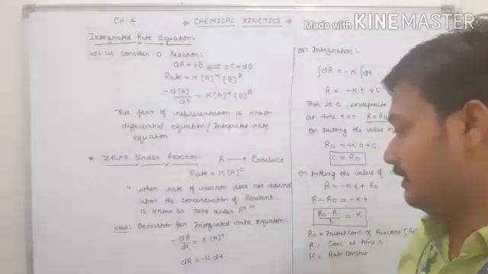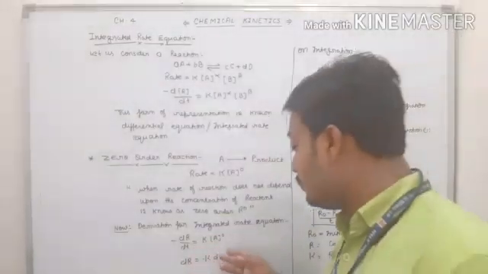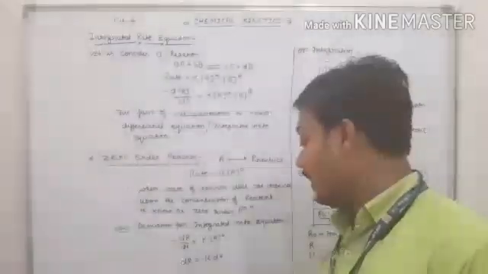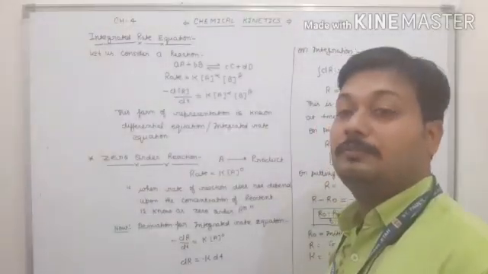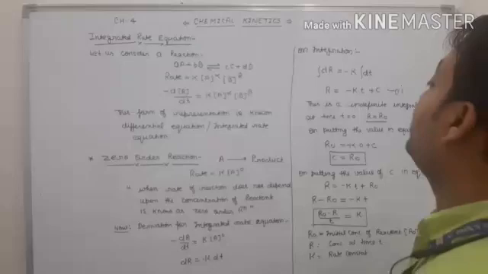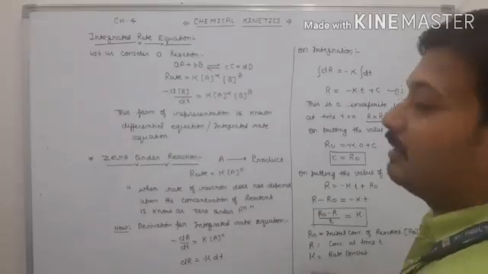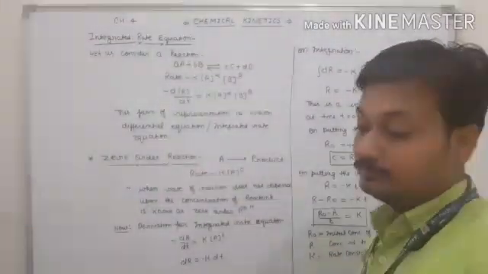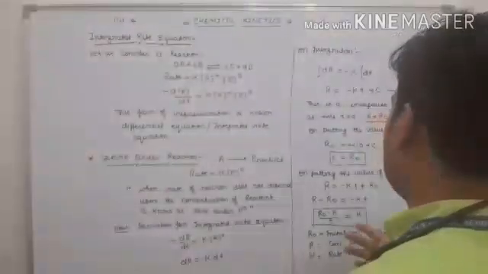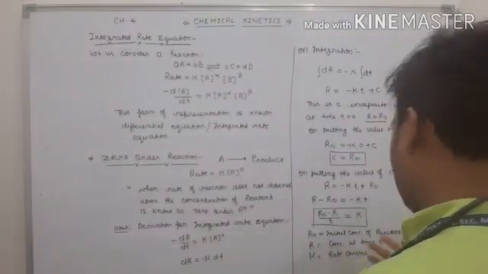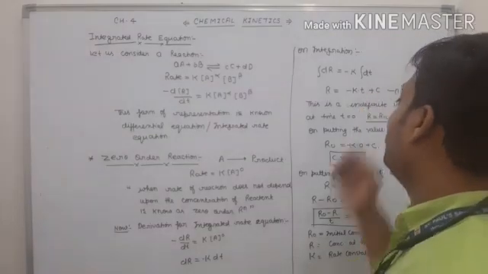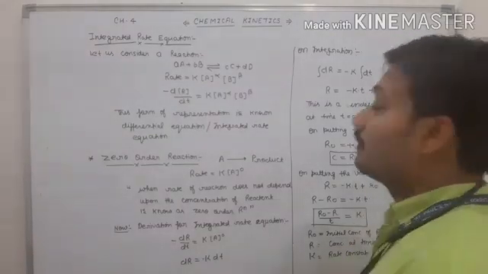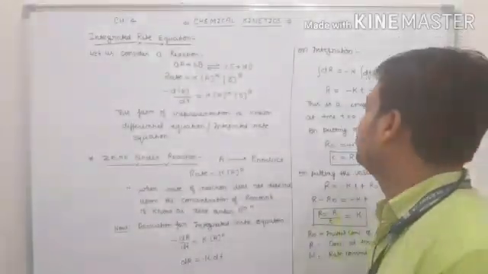Derivation for integrated rate equation: minus dR upon dt is equal to K A to the power 0. dR is equal to minus K into dt. On taking the integration of both sides, integration of dR is minus K integration of dt. What will we get? R is equal to minus Kt plus C. This is an indefinite integration, so we should take a constant.